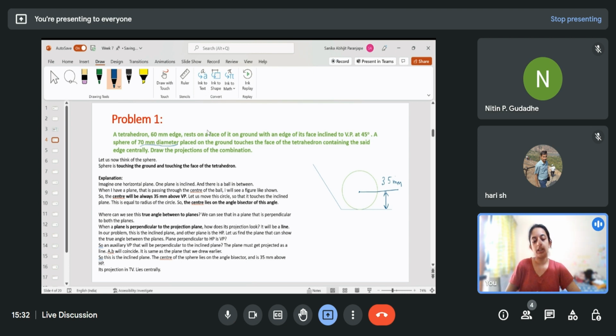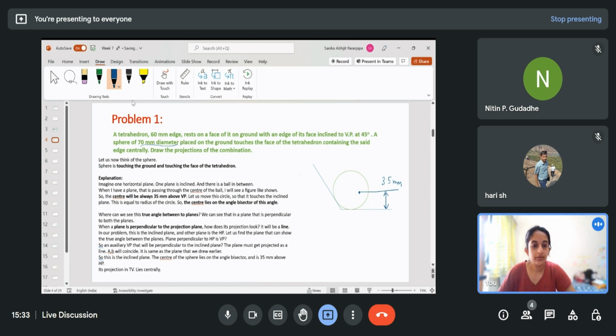So anyhow, if we keep the sphere like this, like this, like this, it is symmetric. In whichever case, the center point of the sphere will be 35 mm above the ground. And now they have said that if these are the two planes, the sphere is also touching this inclined surface. So I will shift this circle here so that it touches the inclined face.